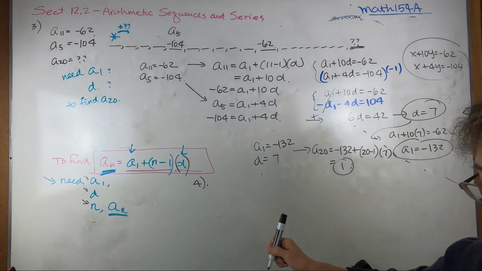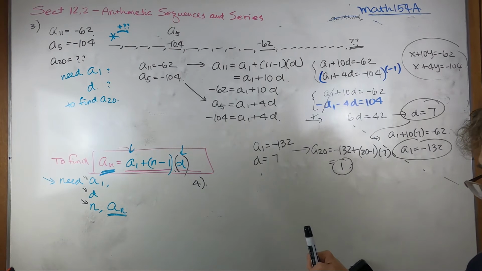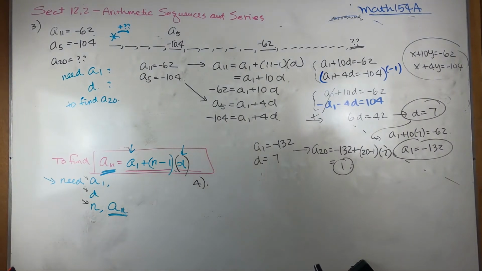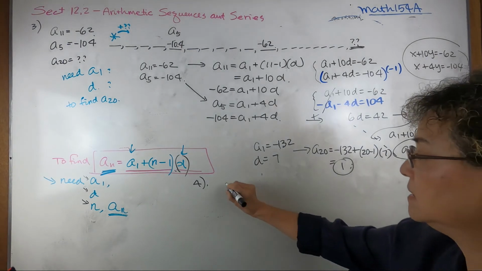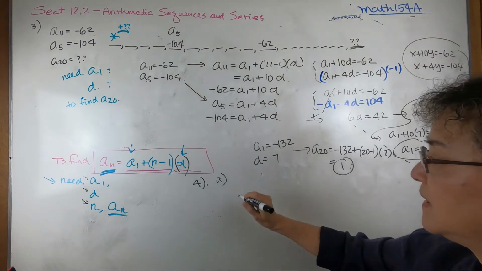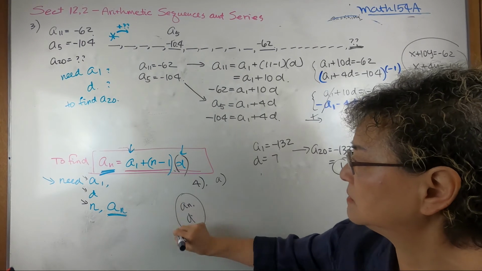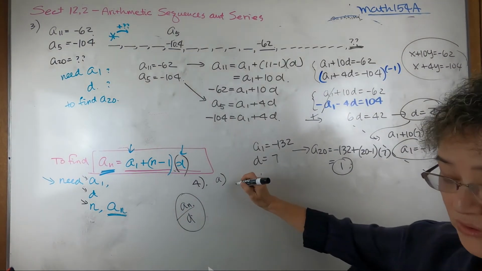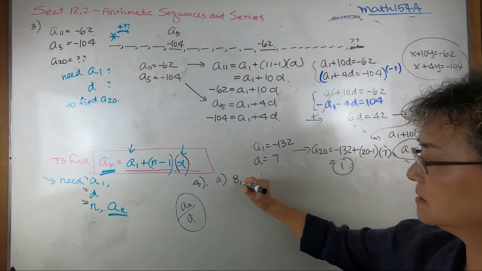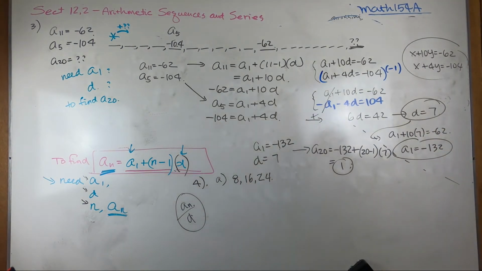Okay, so look at the next one. You are given the first 3 terms of a sequence. If the sequence is arithmetic, find AN and D. We want you to practice finding AN and D. So we'll give you 3 numbers, 8, 16, and 24.